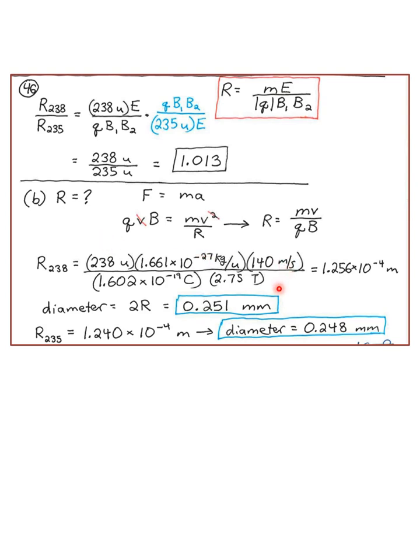It says it is singly ionized, which means it has effectively the charge of a proton, and the magnetic field, and you get 1.256 times 10 to the negative 4 meters. The question is asking about the diameter, so we're going to double that. We get 0.251 millimeters. We go through the same procedure with the uranium-235, and we get a diameter of 0.248 millimeters.